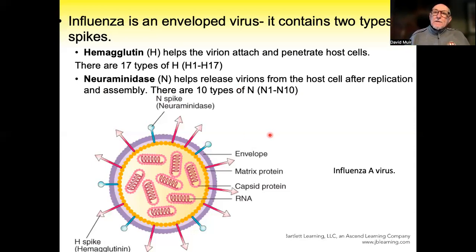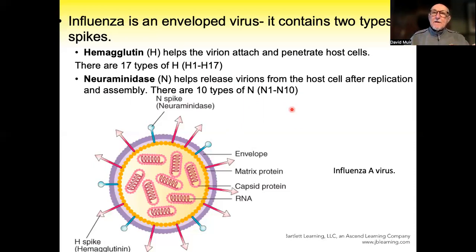So here is the origin of the typing of influenza viruses, because with 17 H's and 10 N's, you have a considerable number of combinations. That's why you may hear a virus referred to, for example, as an H1N1 virus. It has H1 and it has N1 in its spikes embedded in the membrane.